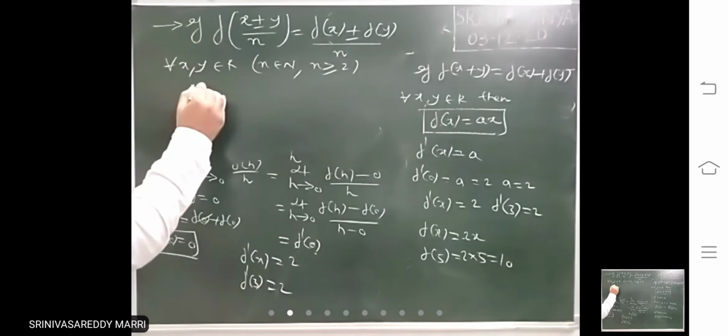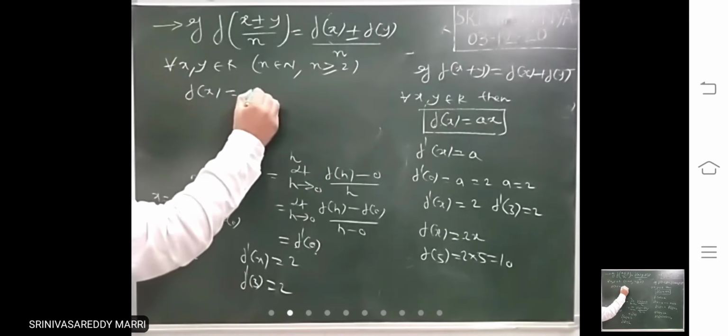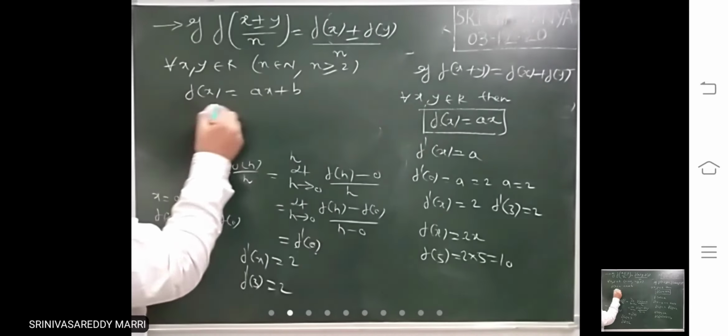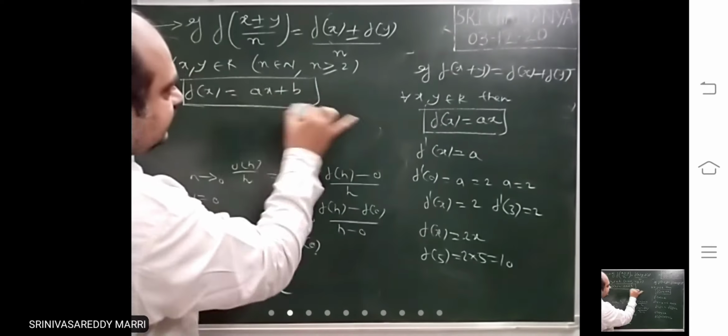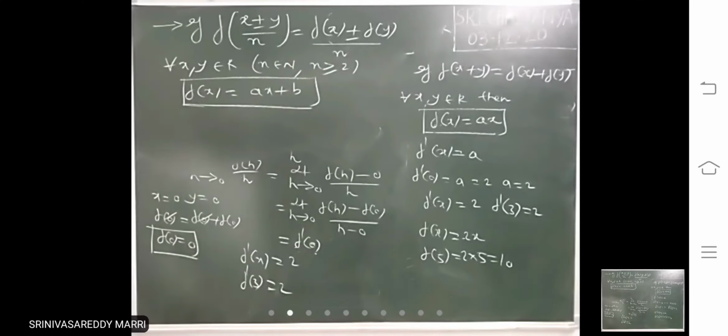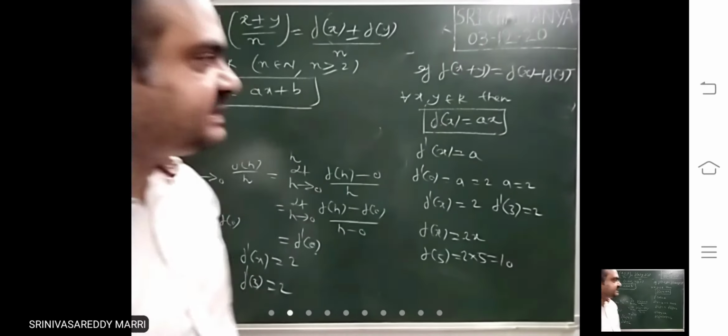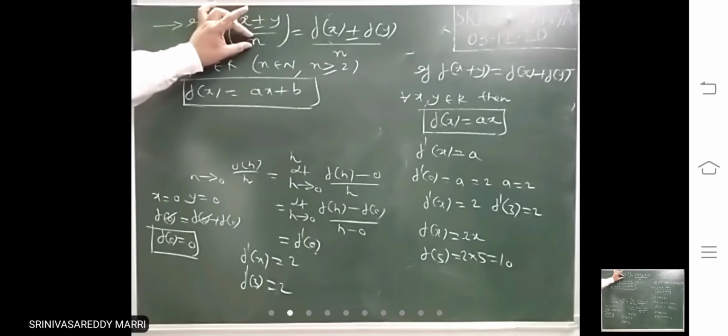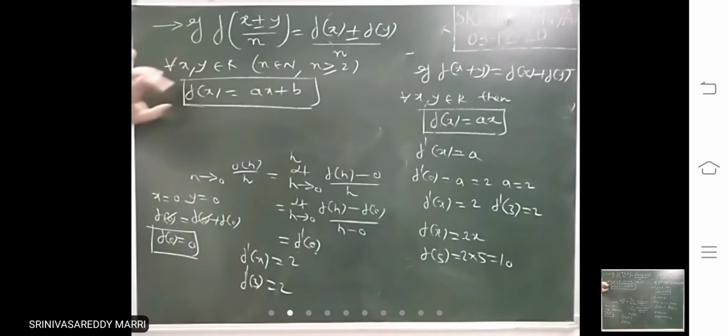Then f of x equals ax plus b. If n equals 1, it is ax. If n is 2, 3, like that, the function is ax plus b.